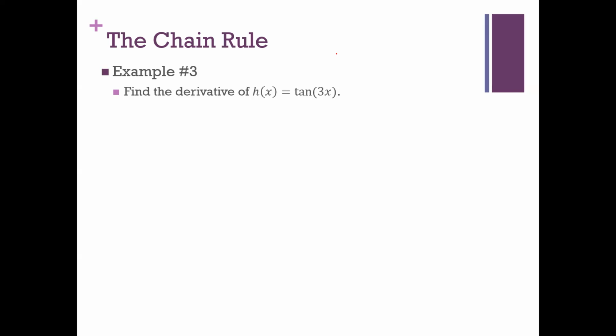Garrett's offering tangent of x to be one of them, and then 3x to be the other one. Using those two functions, can I set up h of x as the composition of f and g in some way?